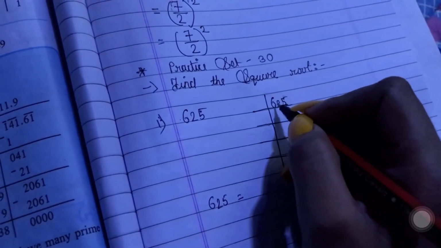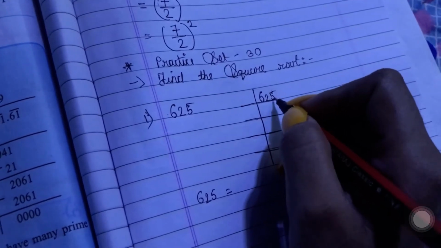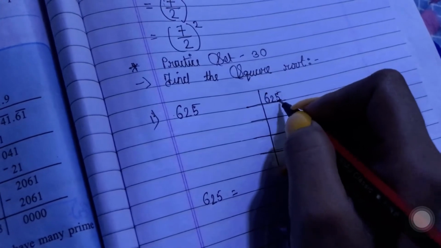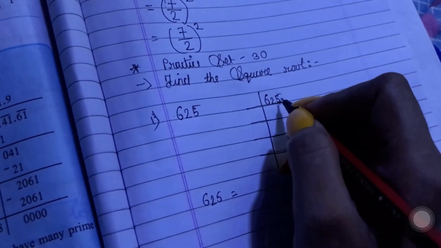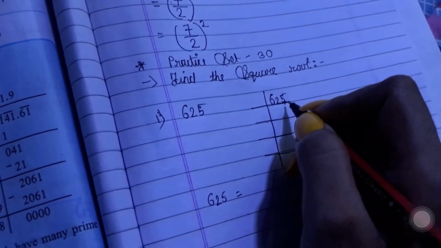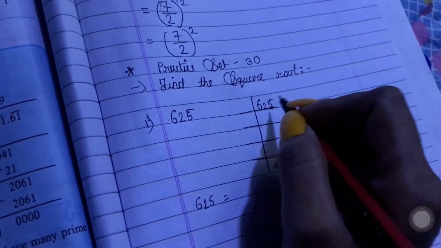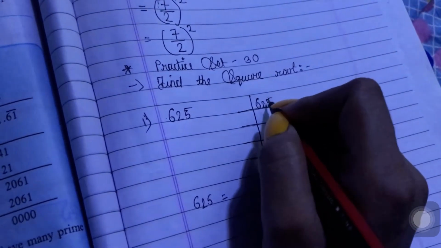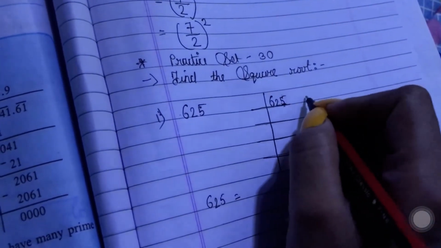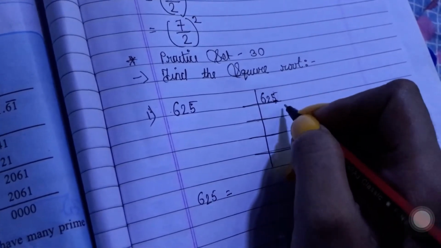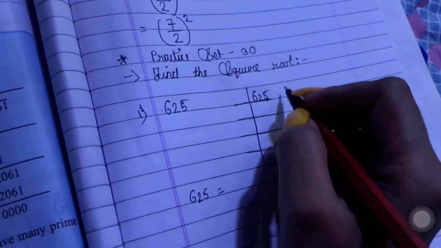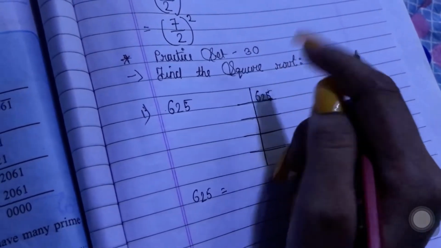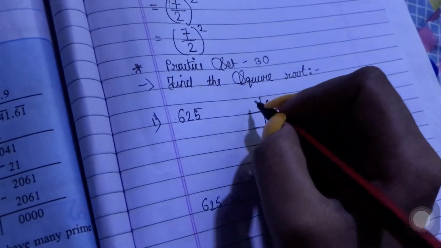Unit, ten, hundred: we check whether this place digit is even or odd. 5 is an odd number, so it is going to be divisible by odd table numbers. An odd number is divisible only by odd table numbers. So I am not going to check from 2, from 3 it is not there, from 4 not possible because it is an even number. 5, yes, from 5 I will check.